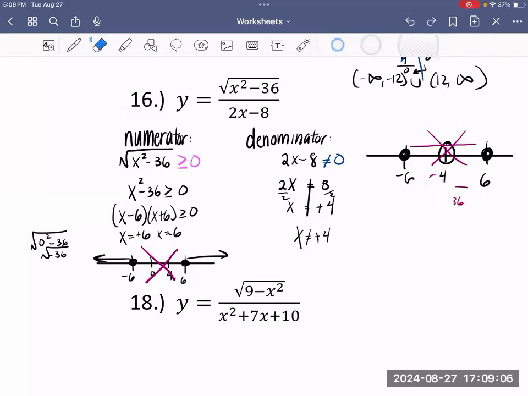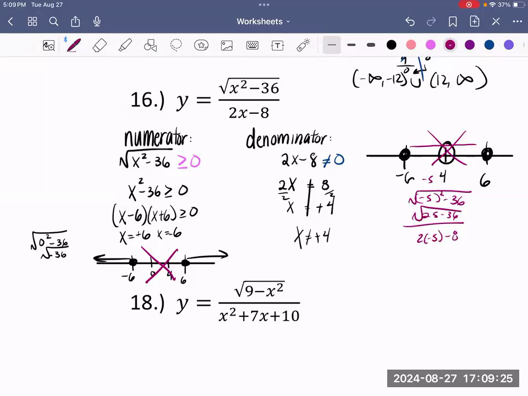Let's say we chose, for example, negative 5. Negative 5 squared minus 36 is then 25 minus 36, which will produce that negative. And don't forget there's a denominator, it'll have an issue with the numerator even if the denominator is okay.